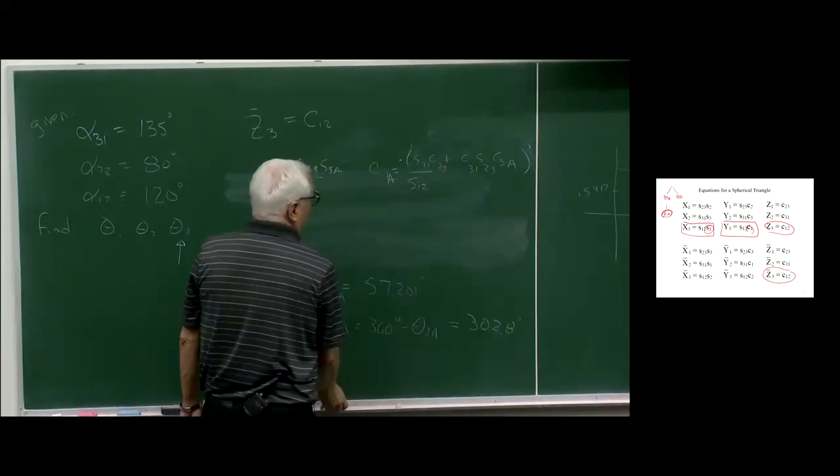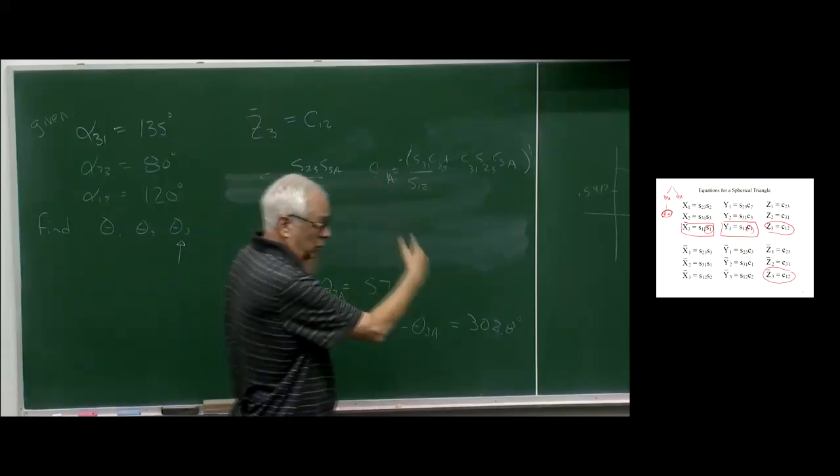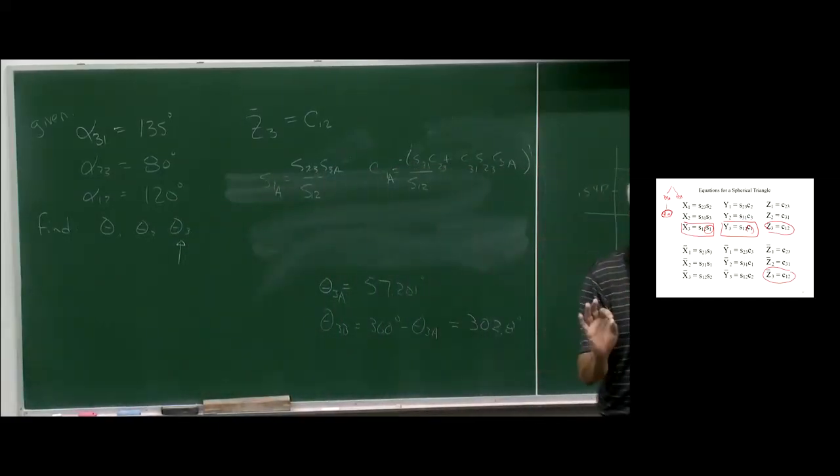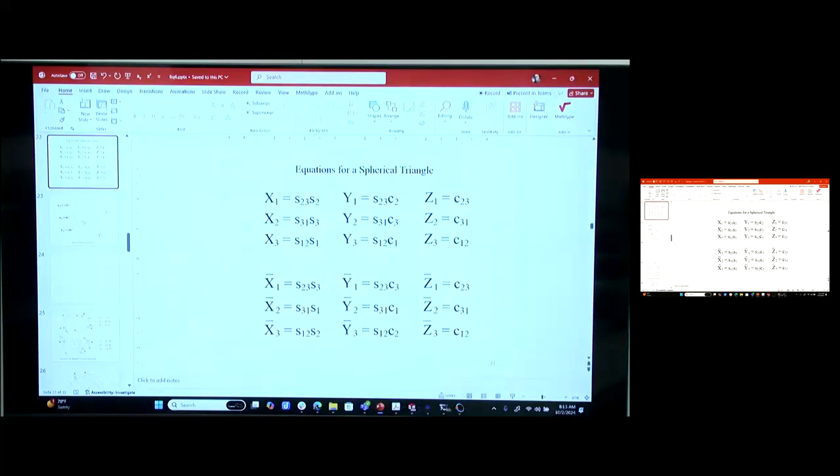I know everything on the right-hand side for the A case, so we're going to get the sine and cosine for the A case. Knowing the sine and cosine, I know the unique theta 1 for the A case that goes with theta 3A. So let's go ahead and do that.